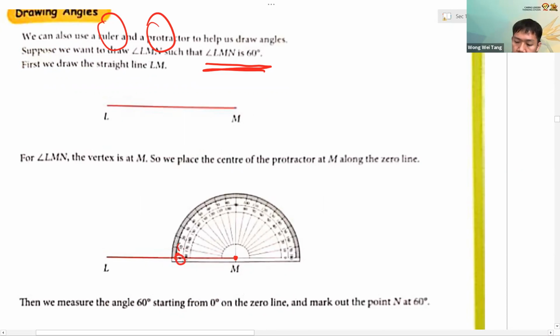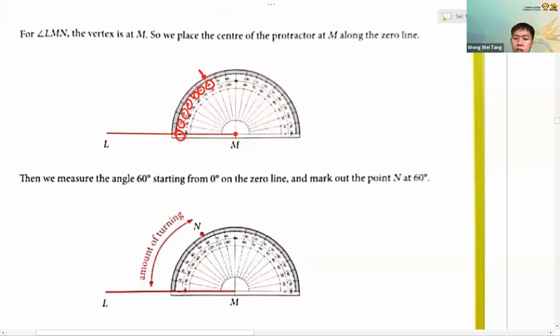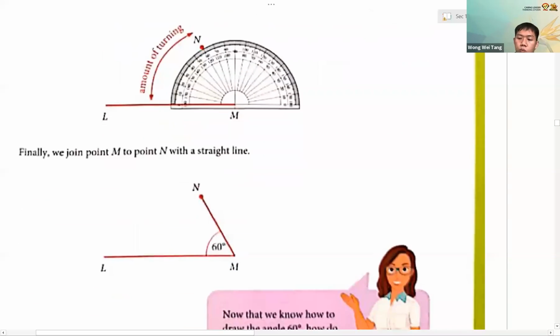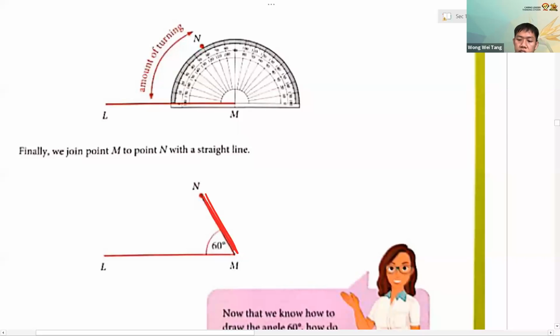So this being 0, 10, 20, 30, 40, 50, 60, this is our 60 degree mark. You draw a little dot over here. Now you remove the protractor. After you remove the protractor, then you join them up, and that's your 60 degrees. Then you label it as N. Okay?